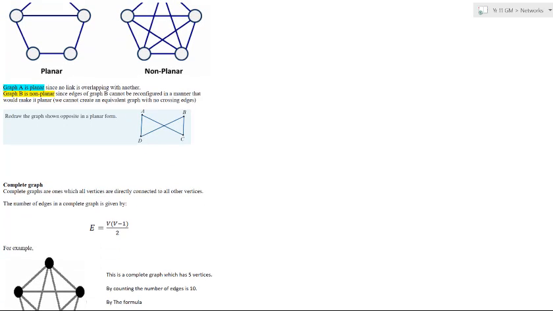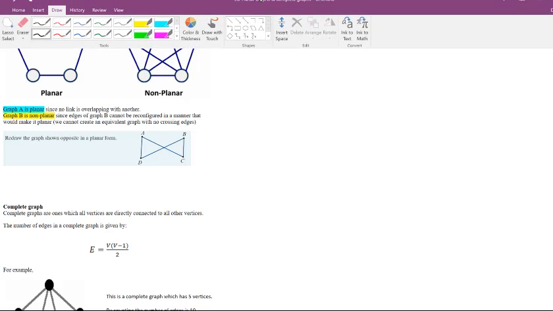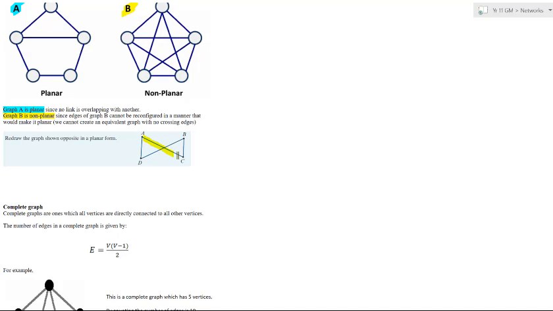So here is an example. Redraw the graph shown in a planar form. So at the moment it's not in a planar form because it has edges crossing, but if I just move one of these edges that is crossing, can I move that in a way such that no edges cross?